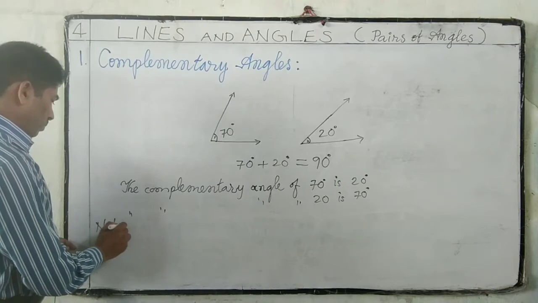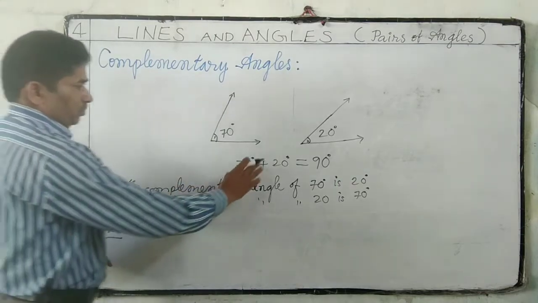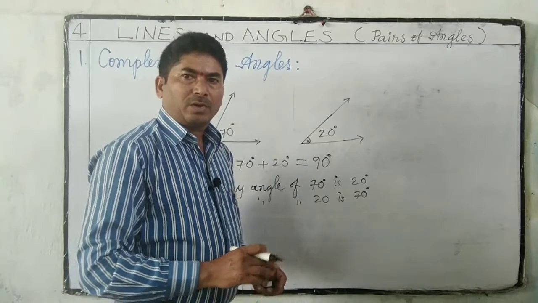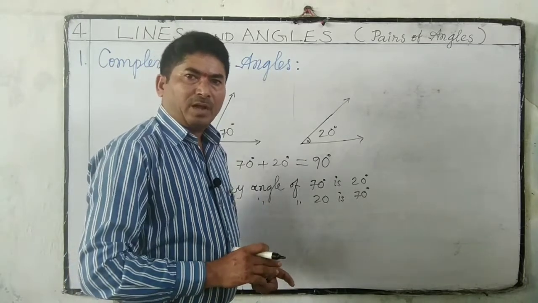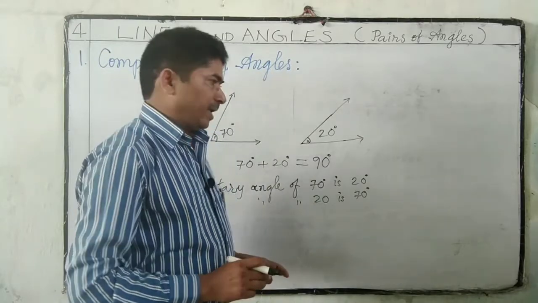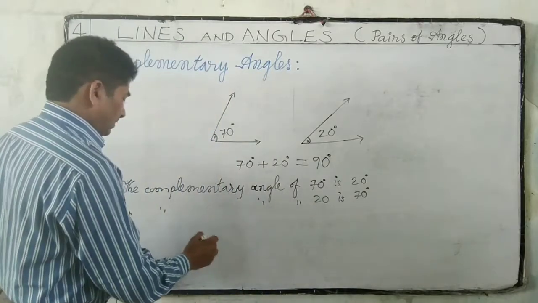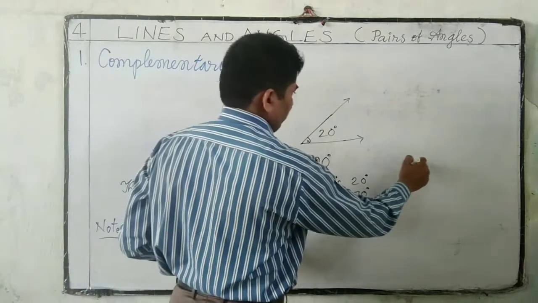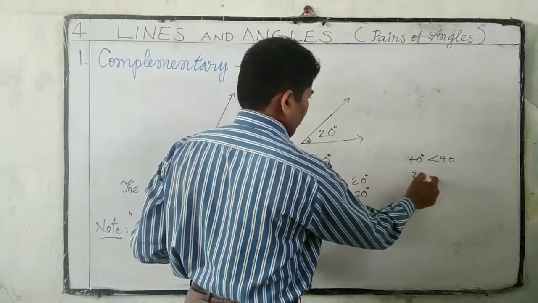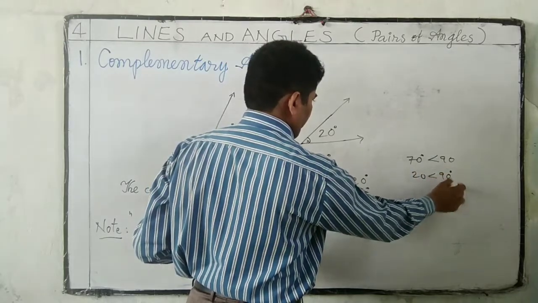In this, two angles are acute angles. Each angle of a complementary pair is an acute angle, meaning less than 90 degrees. 70 degree is less than 90 degree, and 20 degree is also less than 90 degree.